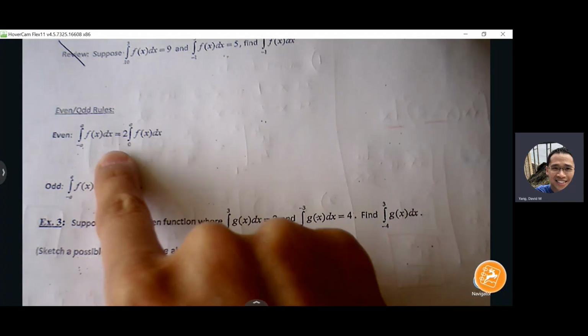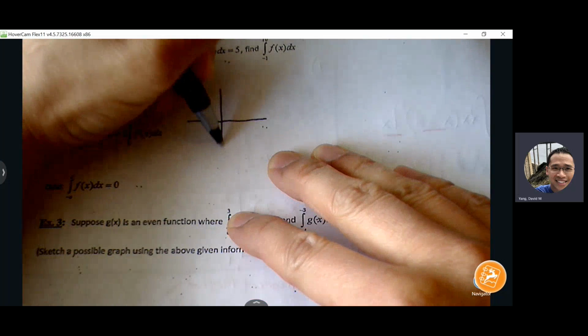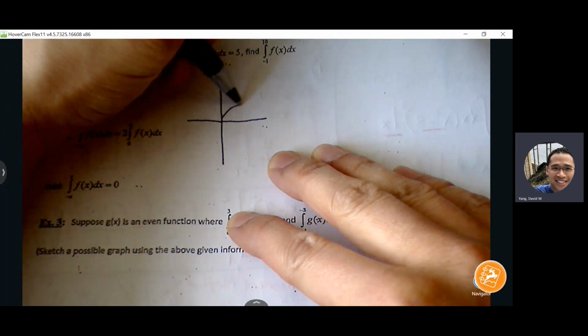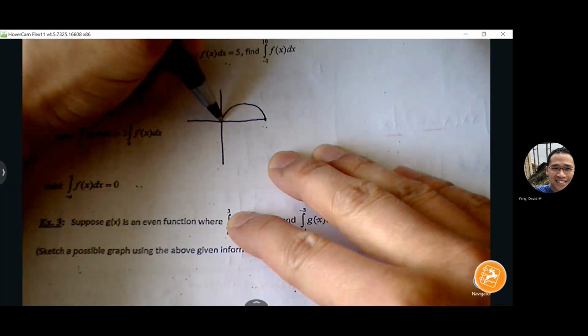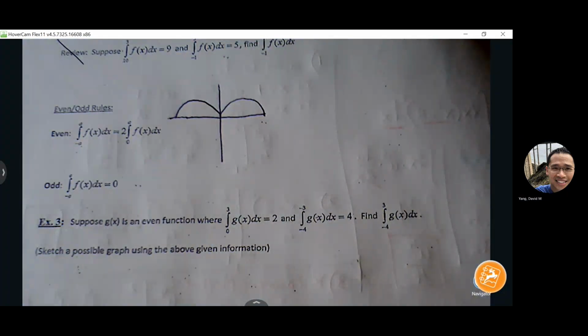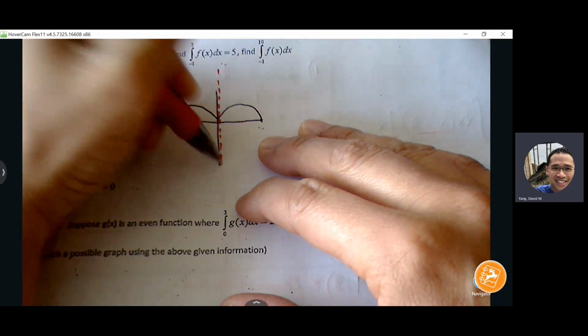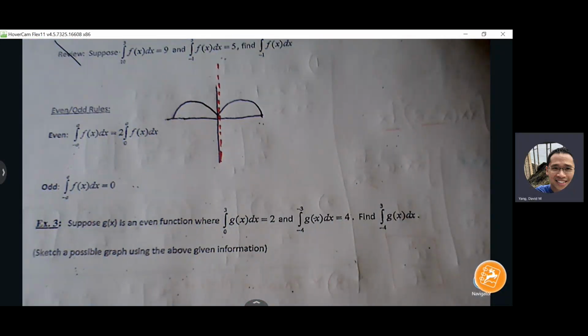So an even function is where you can look at the graph and the graph looks like they're mirror images of each other on either side of the y-axis. So if I can take my graph and fold it over the y-axis and everything lines up, that is an even function.